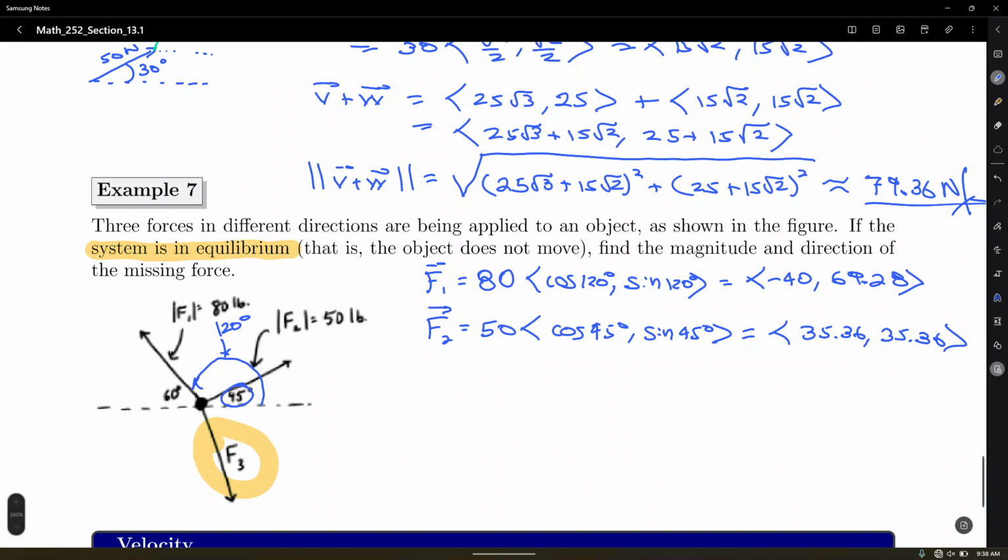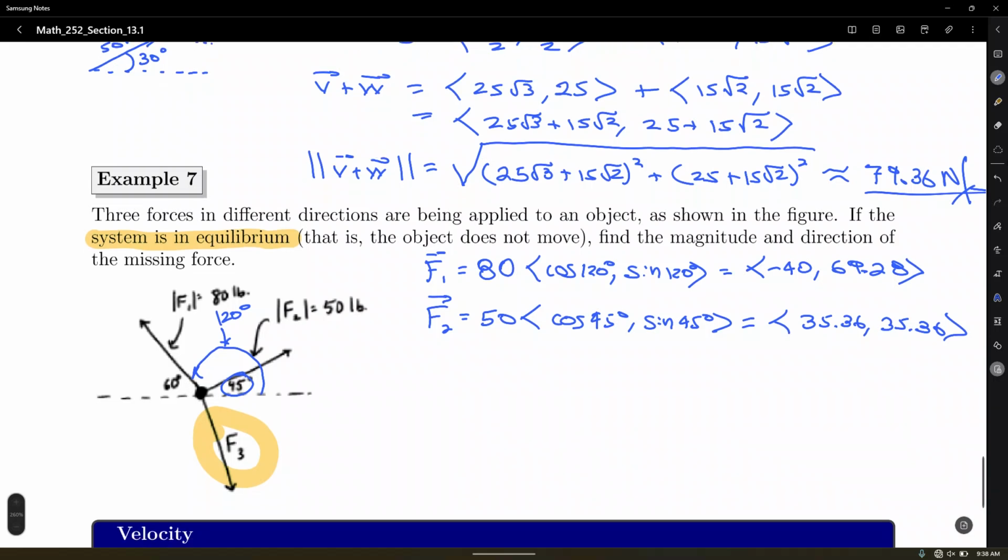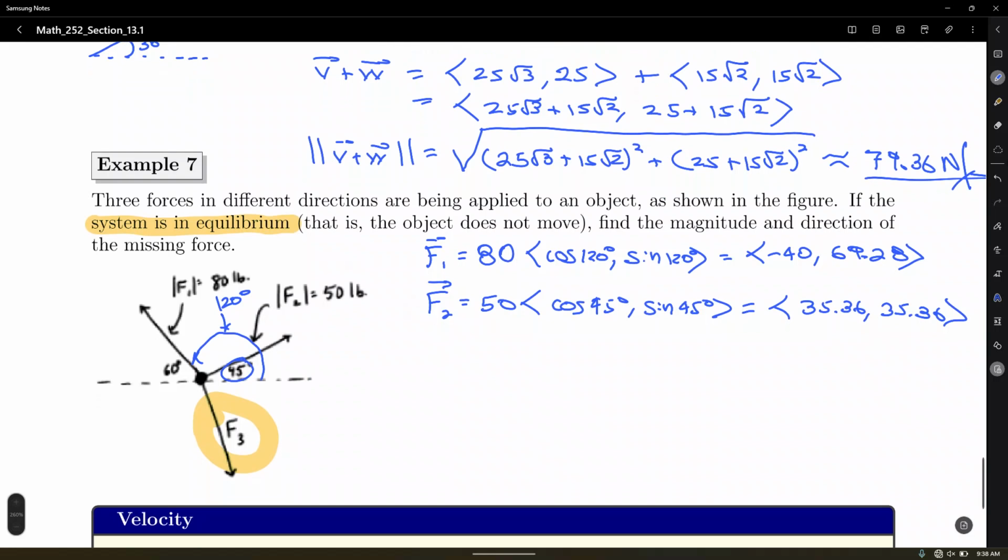How do we get the third vector if the system is to be in equilibrium? Well, for those of you who have taken a physics class or a general science class, you may remember that 2 or more vectors are in equilibrium if their sum equals 0. Well, in this case, the 0 vector, not equal to 0, because these are vectors.